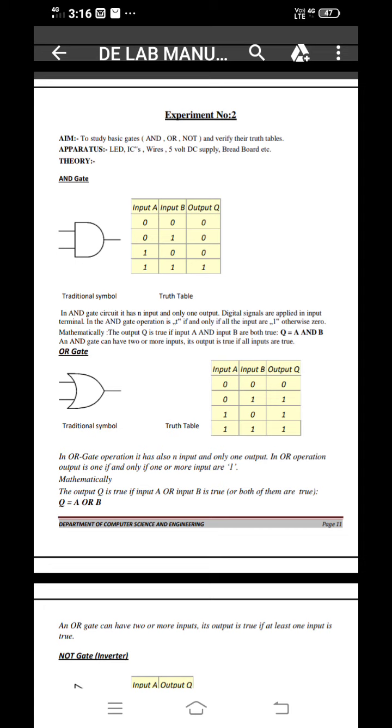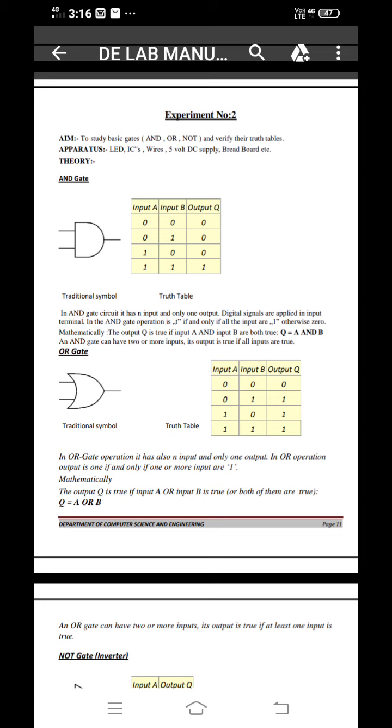All the digital logic gates start with the 74 series. So first we are going to verify the AND gate. The AND gate traditional symbol is available here. This AND gate is used to operate on A and B. The AND gate is the physical realization of the logical multiplication operation.